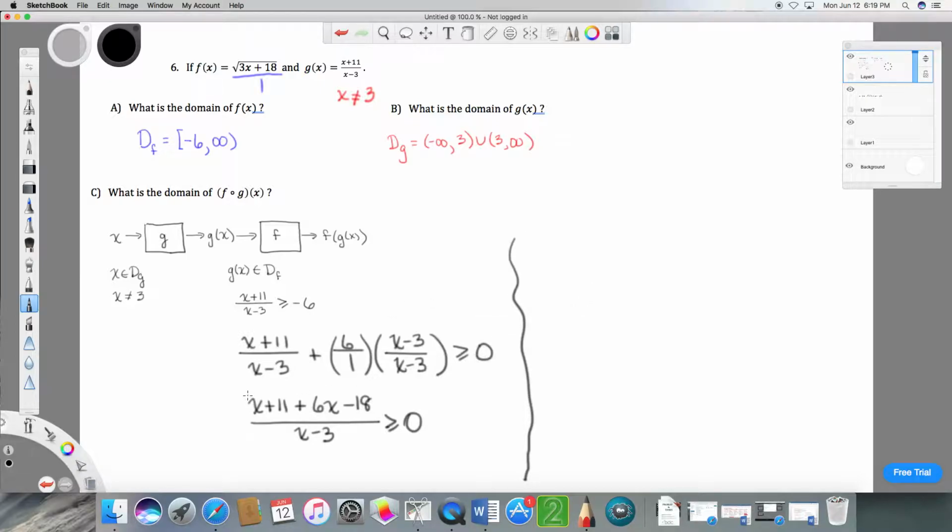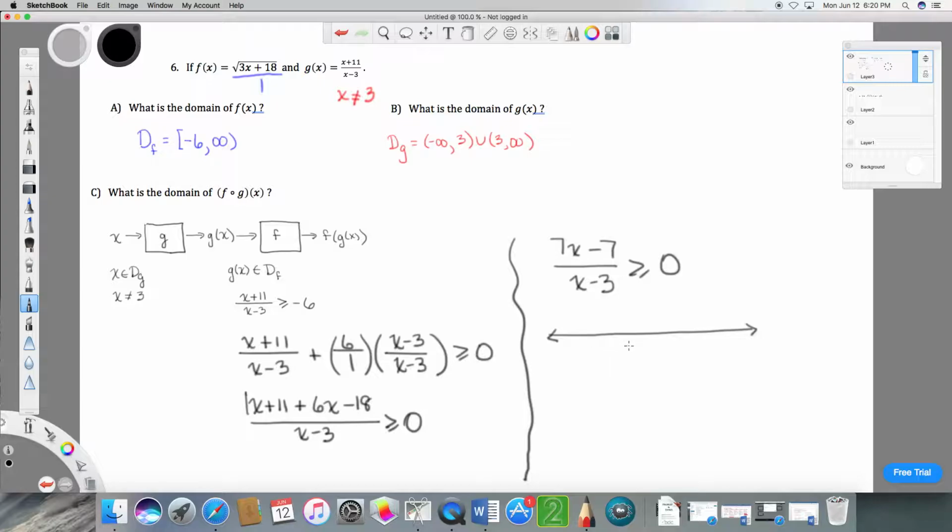All right, so in this numerator, let's combine like terms. 1x plus 6x is 7x. And then 11 minus 18 is minus 7. The denominator, x minus 3. And that has to be greater than or equal to 0.